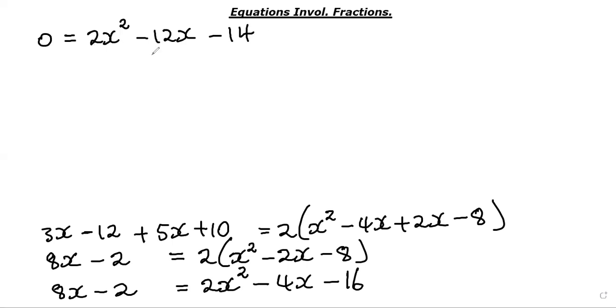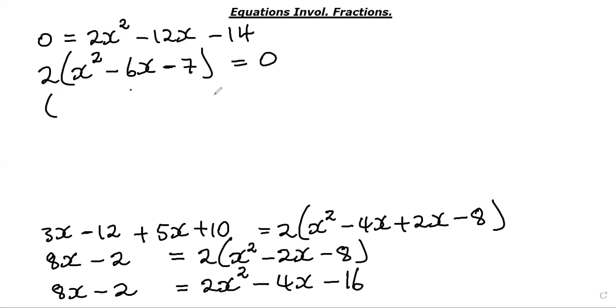Then from this point, we realize that 2 is the highest common factor. So we take it out. If we take it out, we are left with x squared - 6x - 7. Then the whole thing is equal to 0.